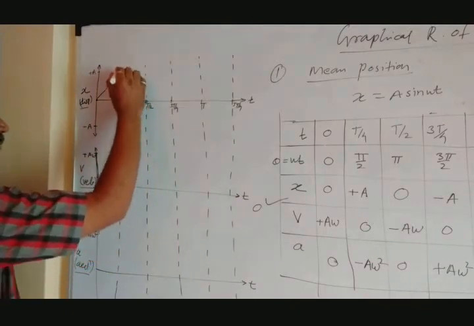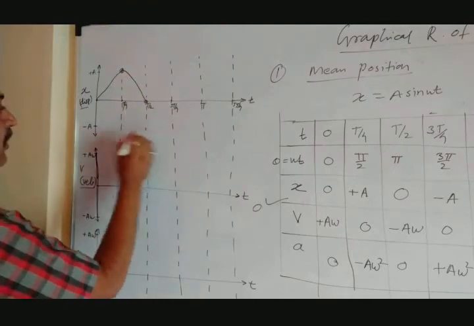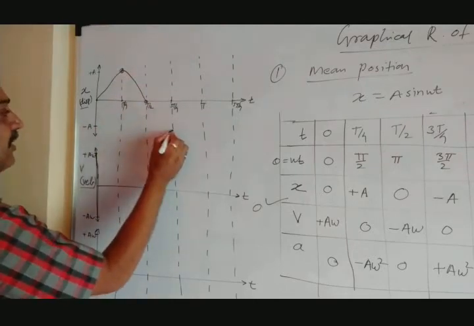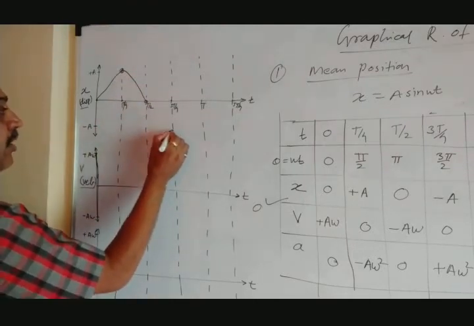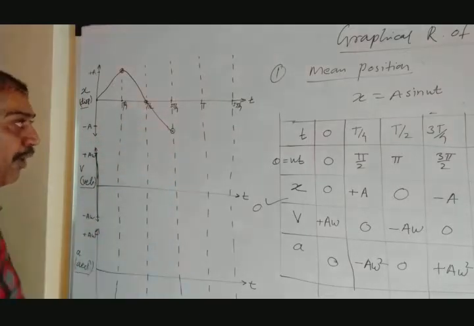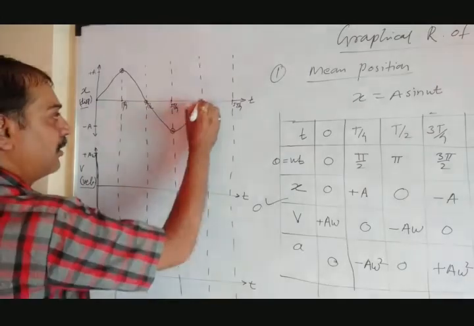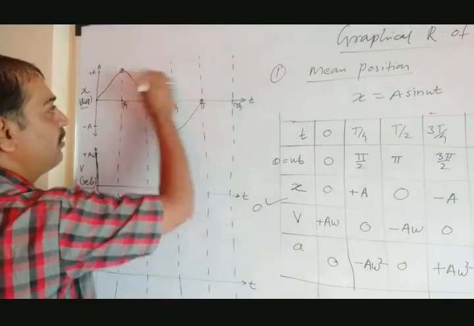It comes here, so we can draw it like this. Similarly, at 3T by 4 it is minus a. The point comes here, so you can connect it like this. Then for t equal to T, it is again 0, so connect it like this. Again at 5T by 4, it is plus a.